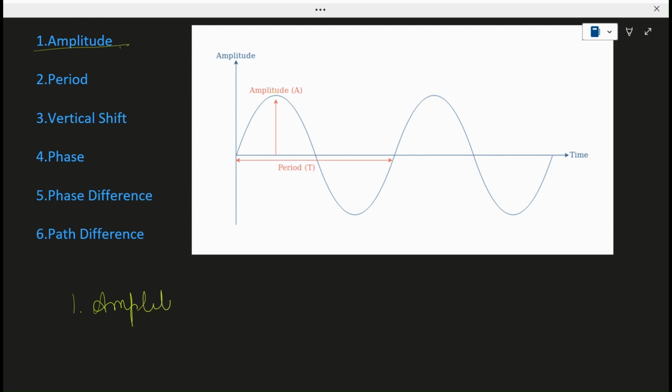So let's start with our very first term, that is amplitude. Let me quickly define it.